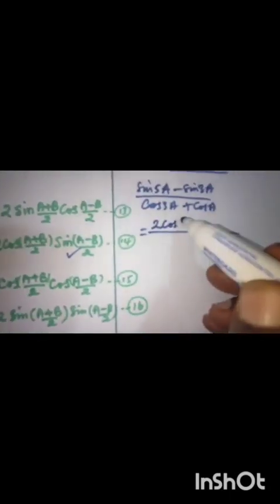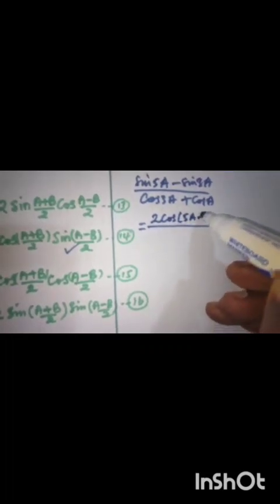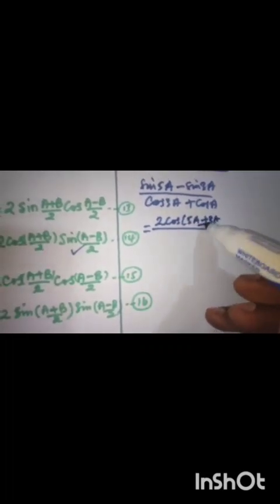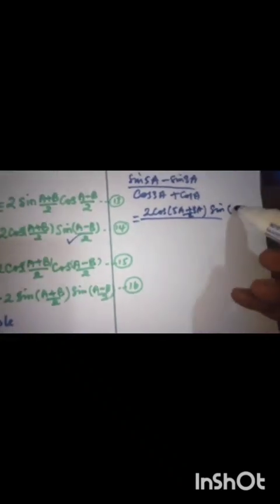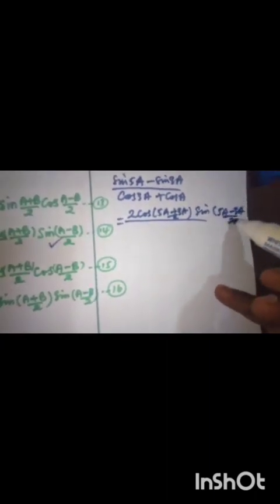So sine A minus sine B gives us 2 cos of 5A plus 3A over 2, sine of 5A minus 3A all over 2.